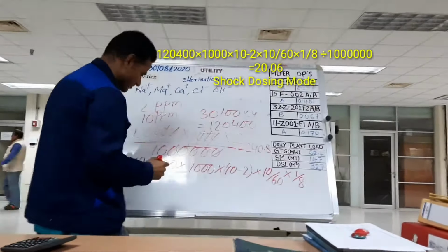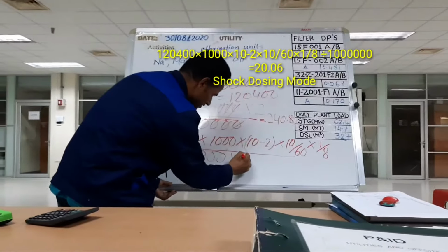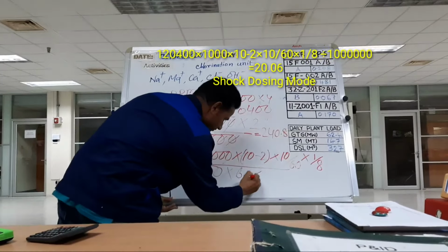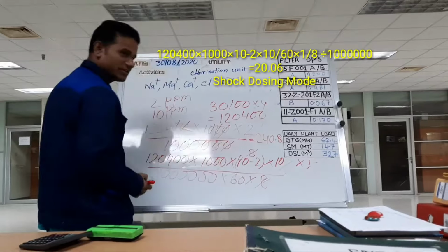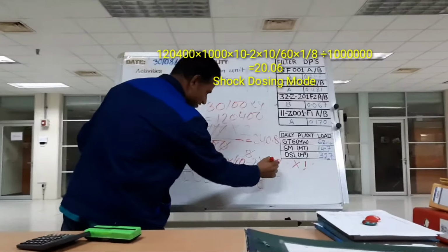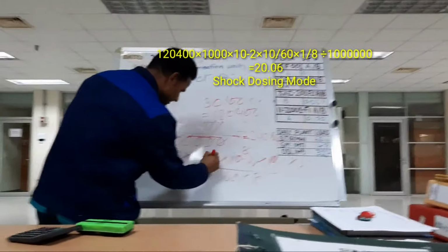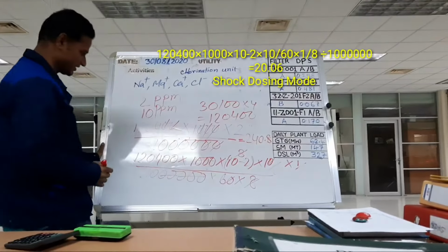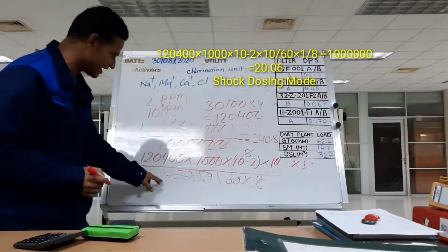For easy calculation we can bring this downside. In the upper side, 10 and 2 is equal to 8, so you can write this 8 and the 8 cancels. The zeros and the 3 cancel. The downside only remains 10 and 6.